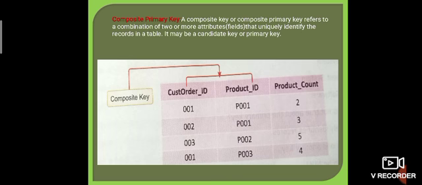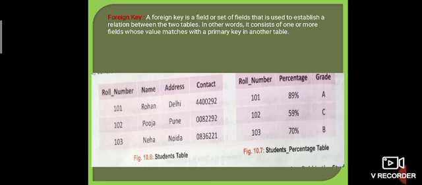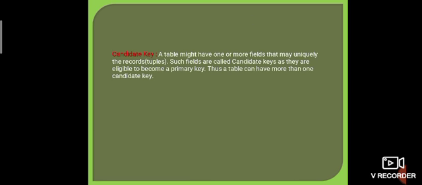Got it, student? The next key we have is candidate key. A table might have one or more fields that may uniquely identify the record tuples. Such fields are called candidate keys, as they are eligible to become a primary key. A table can have more than one candidate key.